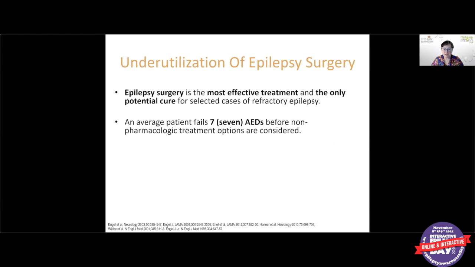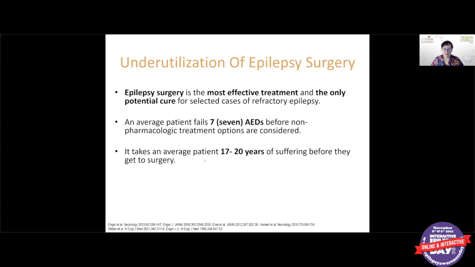And right now, a patient has to fail 7 different medications. Remember, usually we say 2 or more, you're going to need an evaluation for surgery. So they've already failed 7 on average before anybody even considers surgery as an option or anything besides medicine.